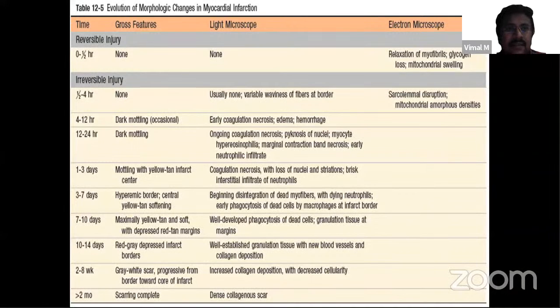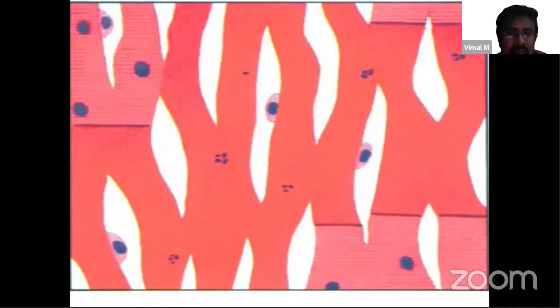Now let us see the microscopic morphological changes which occur in myocardial infarction. This is a table given in Robbins. You have to memorize more things, but I will try to make it much simpler.